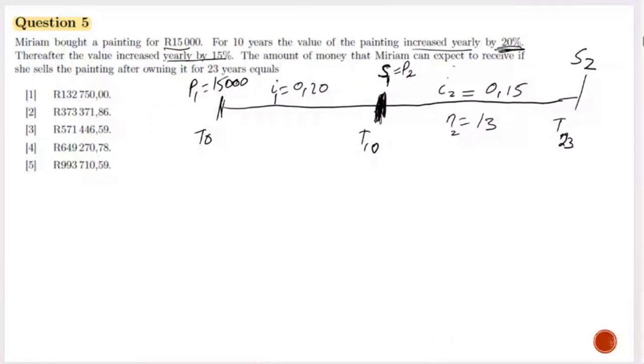Okay. So the question is, what kind of interest is this one? Obviously, it's an interest thing. Is it a simple interest, or is it a compound interest? And why?